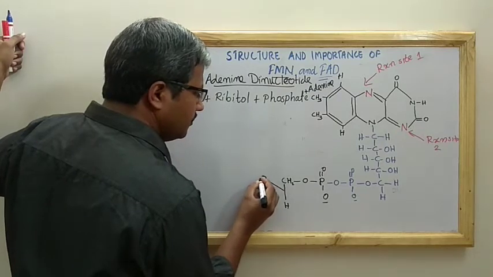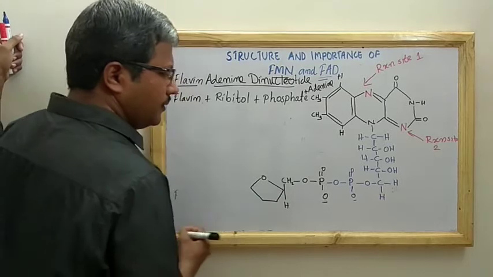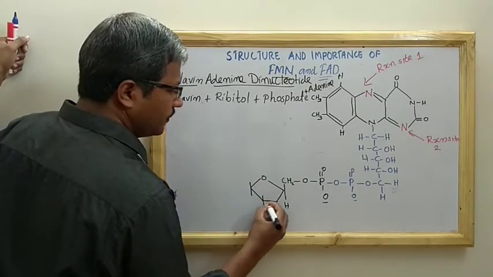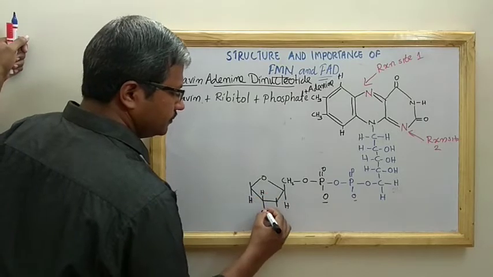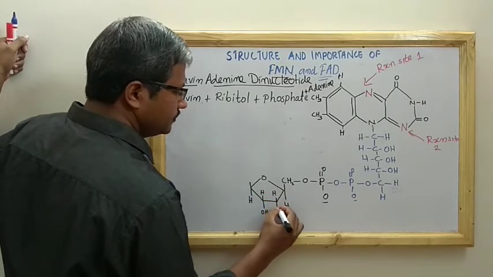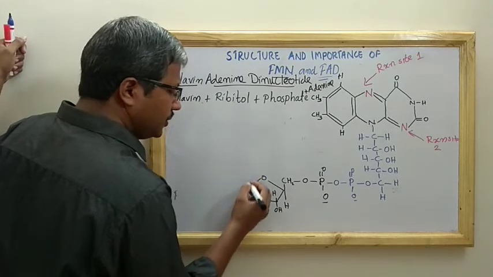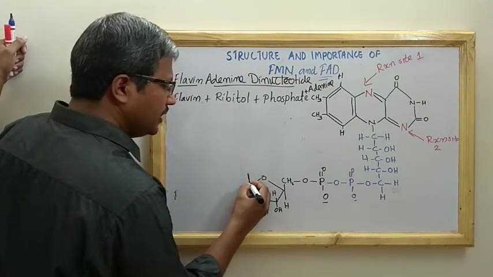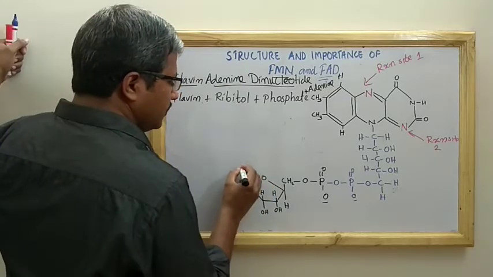Then ribose. Beta ribose. As a result, O should be on top, and this one will be linked with the adenine.